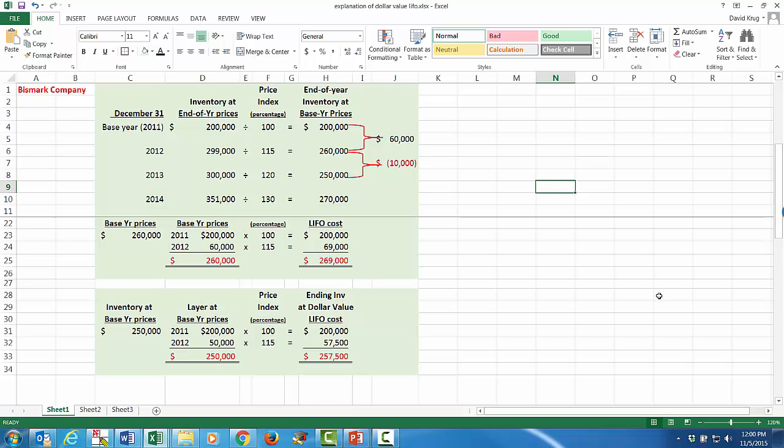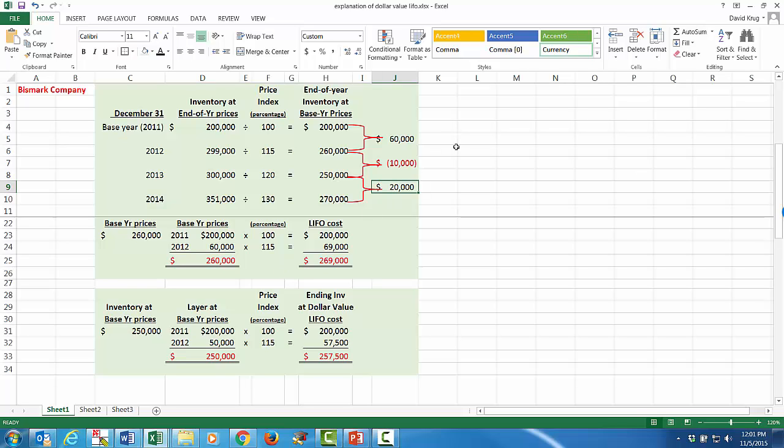Now let's look at the change again here. The change between these two numbers now is 20,000. We have neutralized the price change in that amount, and so this is all a quantity change.